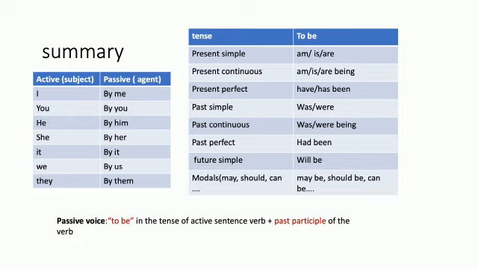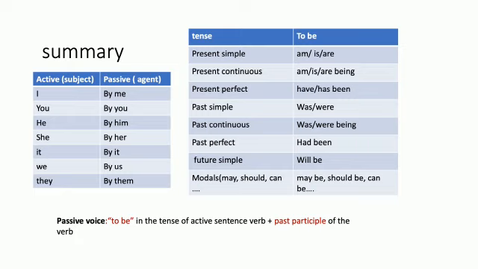Then we have "to be," which is conjugated in all the tenses. You have to know that if you know how to conjugate "to be" in all the tenses, the passive voice becomes much easier for you. Here, present simple, we have is, am and are.